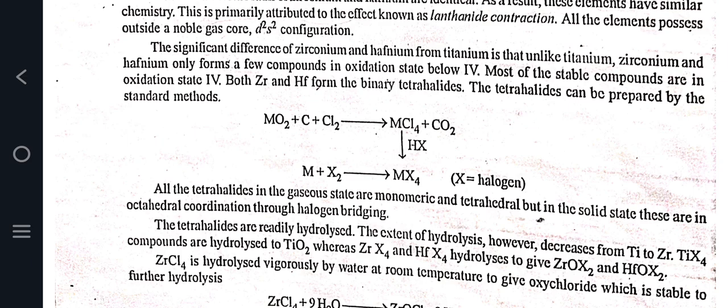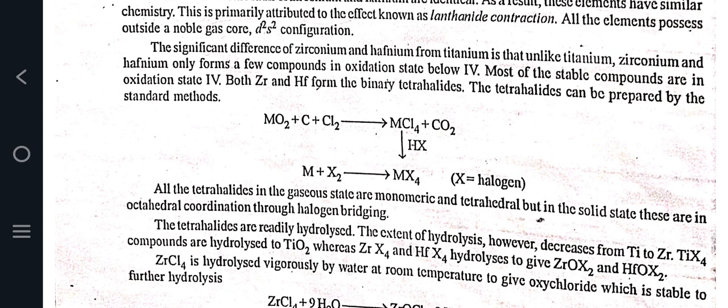The significant difference between zirconium and hafnium from titanium is that, unlike titanium, zirconium and hafnium form only a few compounds in oxidation states below 4. Most of the stable compounds are in oxidation state 4. Both zirconium and hafnium form the binary tetrahalides.